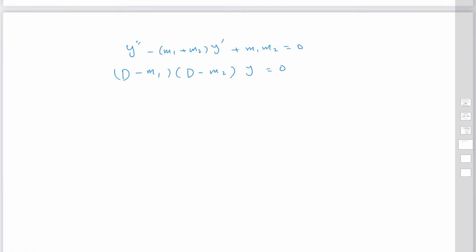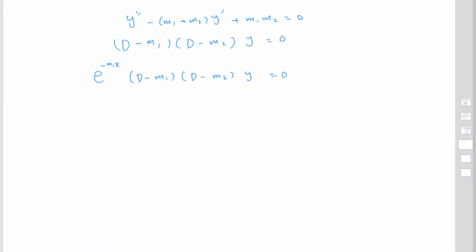We can multiply both sides by e^(minus m1 x). So e^(minus m1 x)(D minus m1)(D minus m2) y equals 0. The right-hand side, 0 times e^(minus m1 x), becomes 0.